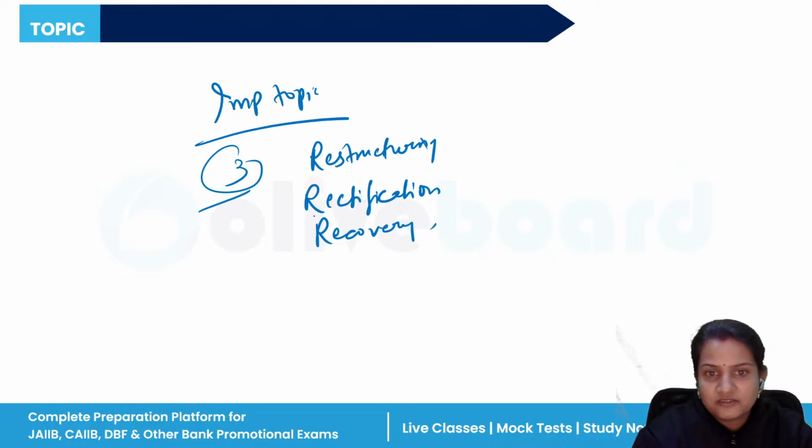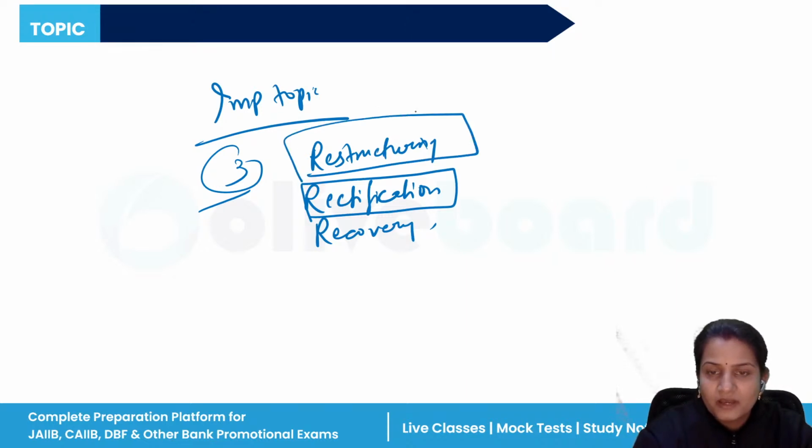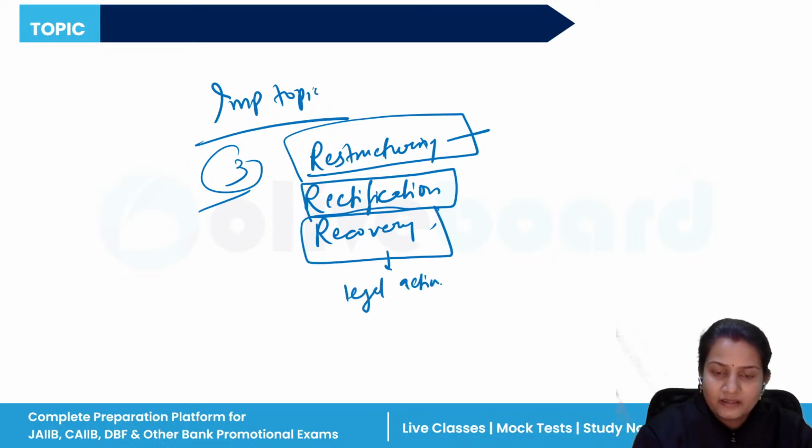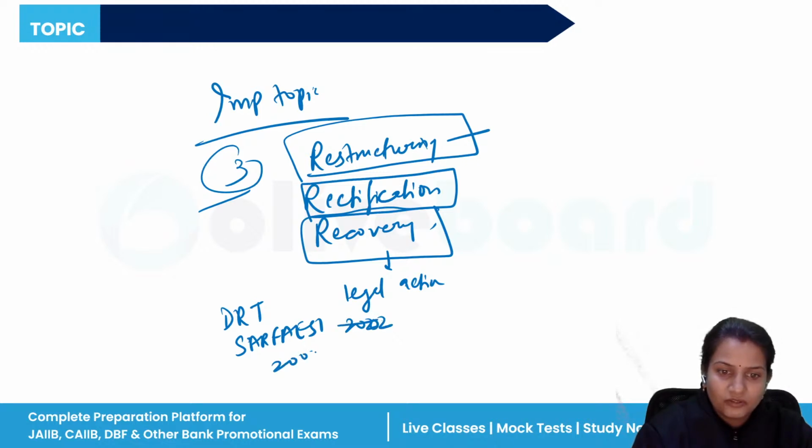First, the bank will give the borrower a chance to rectify their mistakes. Then the bank will say, okay, I'm restructuring your loan, I'm decreasing the interest rate, I'm decreasing the burden of your interest. And still, if the borrower is not getting ready, not repaying the loan, then the final action is recovery. That is the legal action where the bank will take the help of the Debt Recovery Tribunal and the SARFAESI Act to recover its loan. SARFAESI Act 2002.